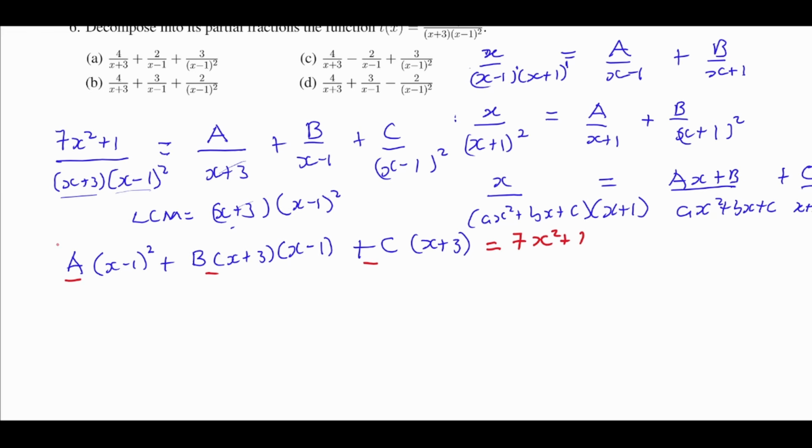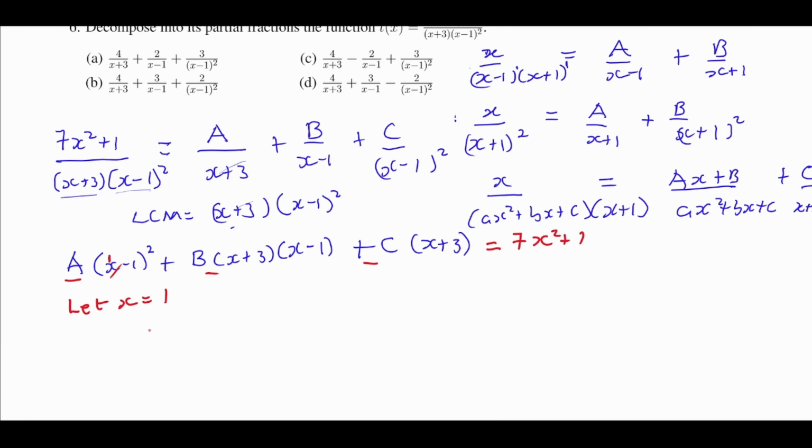So what we do next is that we find a value that can give us some zeros. So we can say let x be equal to 1. If I put 1 here, this one goes to 0, and if I put 1 here, this one goes to 0, leaving us with this one.